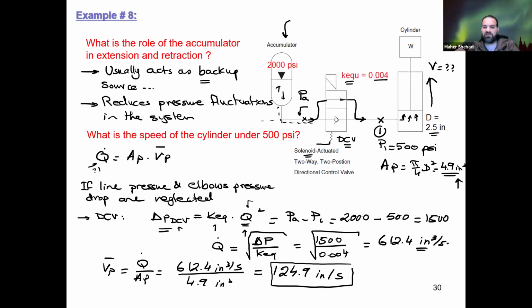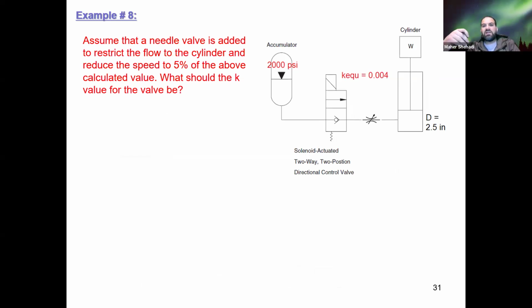Usually if we have a needle valve, as we'll see here, they will give you an initial value for that needle valve, which I believe you should see in the homework. Not exactly, but they would ask you to change the velocity, for example, the velocity of the motor from whatever velocity to half, to double, and so on. So you will need to do some changes in the system. But before you do that, you will need to find the K value of that valve.